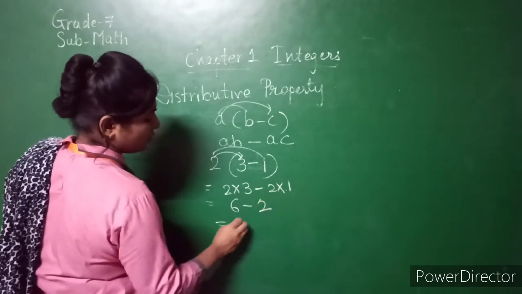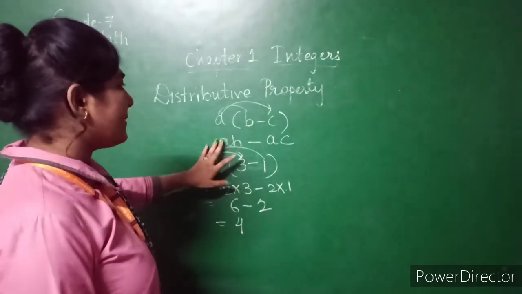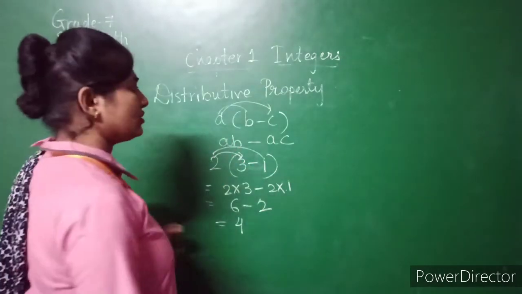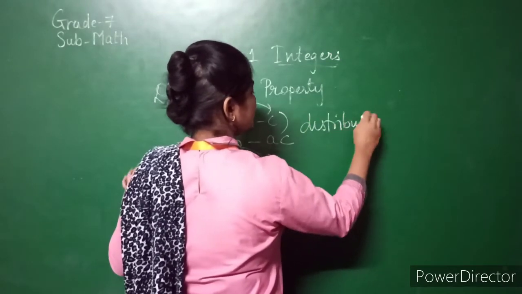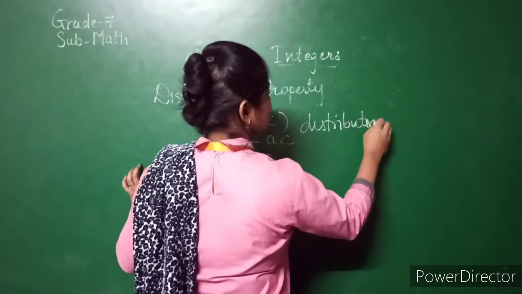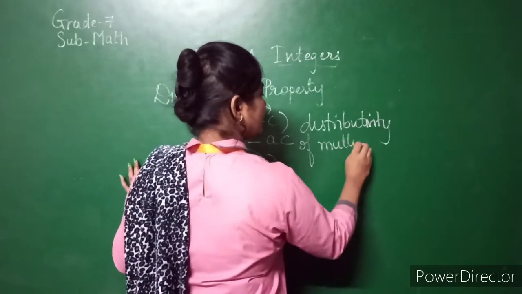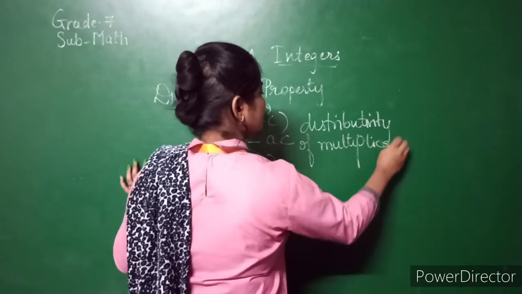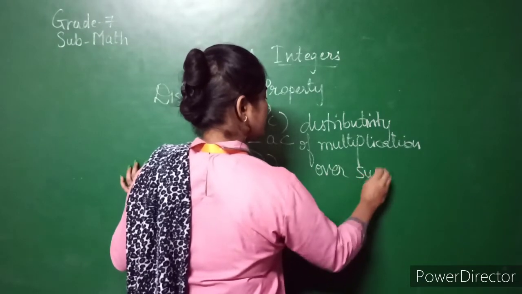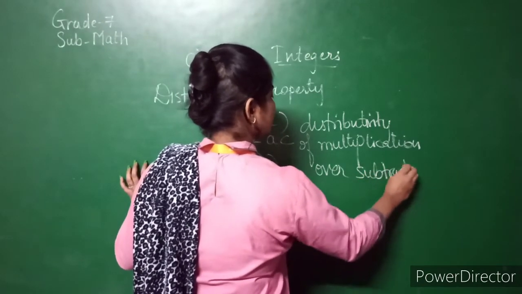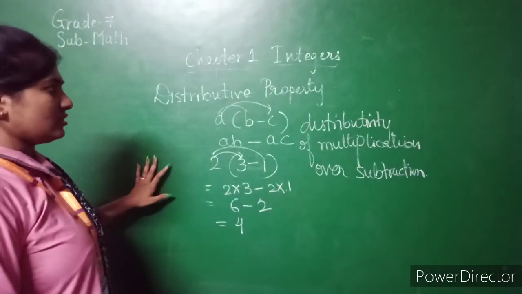So the answer is 4. So this is the distributivity of multiplication over subtraction.